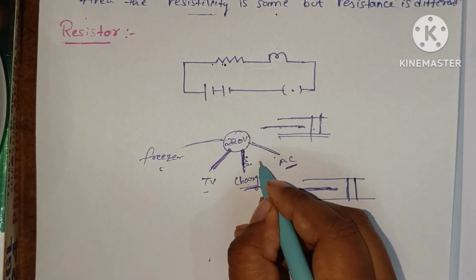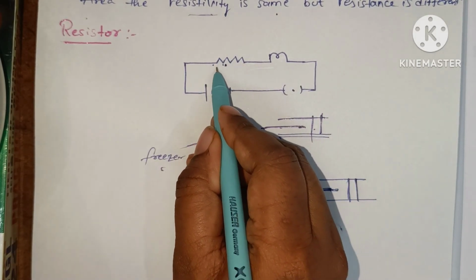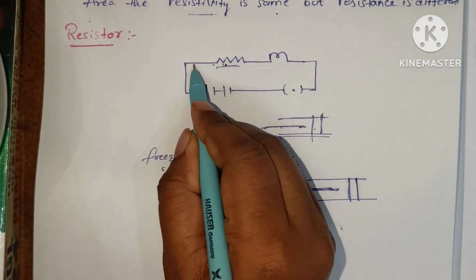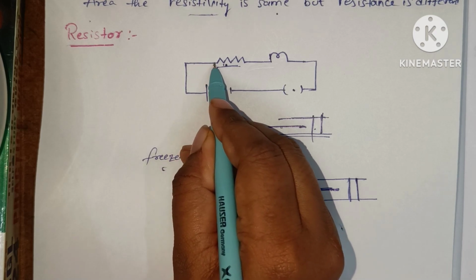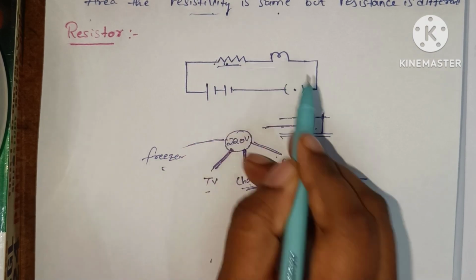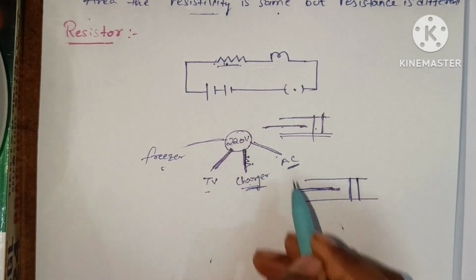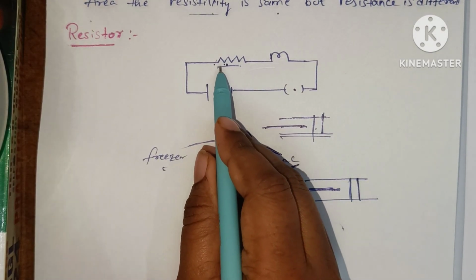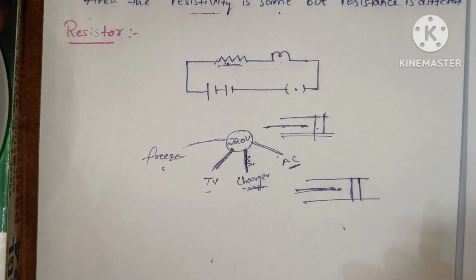To decrease the flow of current, you have to add resistors. When the resistors are added, the speed of the current gradually decreases and it reaches the bulb. Where there is no need for too much current, there you have to add resistors. Understood what resistors mean?